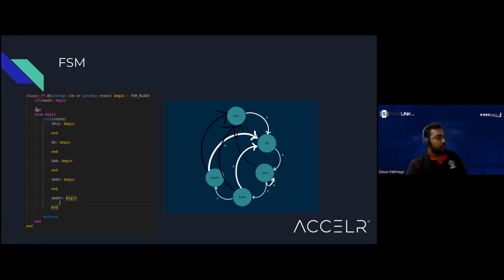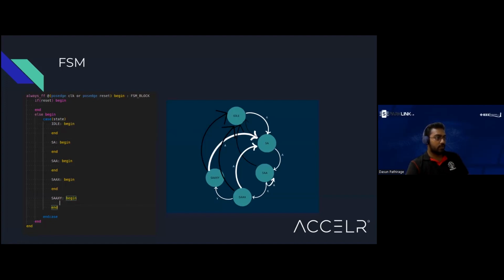Okay, so now just think you have the state machine. You have this block, this template. Now you just have to fill in what transitions you should make in each state. You have this diagram, and that's the easiness of this.